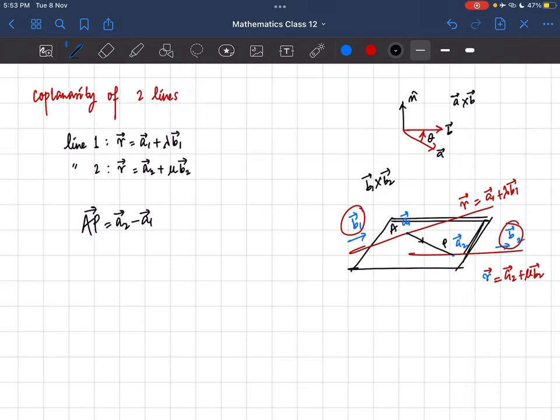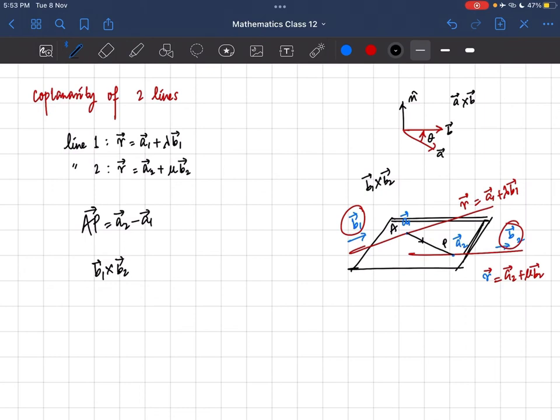And since b1 cross b2 is perpendicular to the plane or both of the lines, we can see that it is also perpendicular to the AB vector. And since it is perpendicular to the AB vector, in the dot product part of the chapter on vector algebra we studied that the dot product of two vectors is 0 when the two vectors are perpendicular to each other.